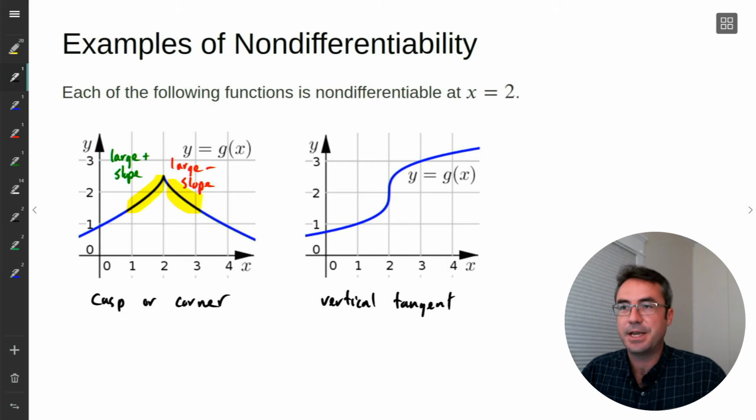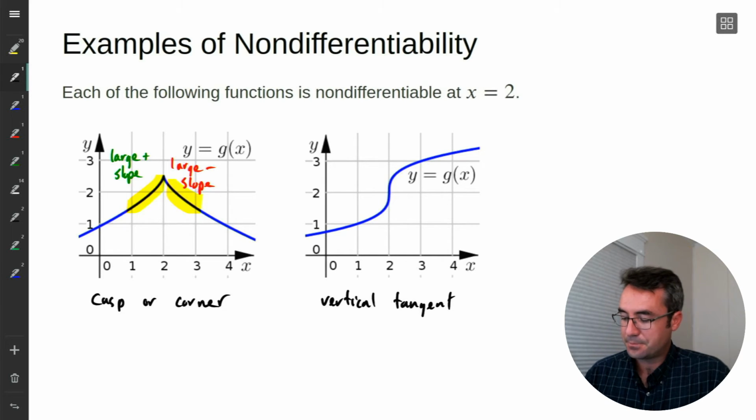So that's just another example of what it means to be non-differentiable. If our graph looks like a vertical line, we know vertical lines don't mix well with functions. So there's this hesitation here. There's this sensitivity in our function where small changes in our input produce large changes in our output.